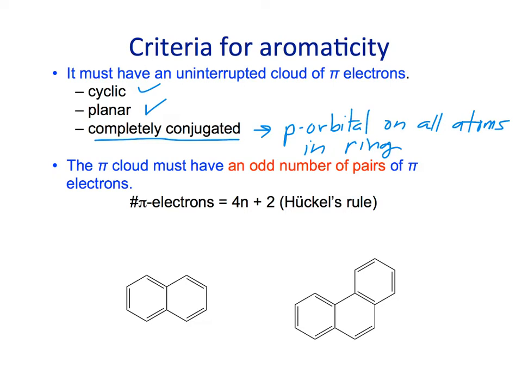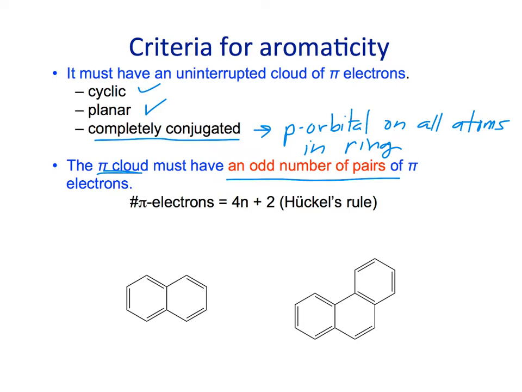The second big one here is that there has to be a certain number of pi electrons, or certain number of pi bonds. And we can count these in either of two ways. We can either say that the pi cloud from above has to have an odd number of pairs of pi electrons.